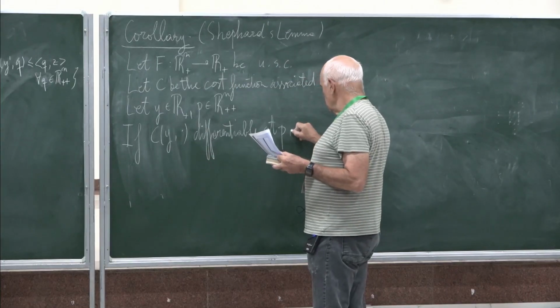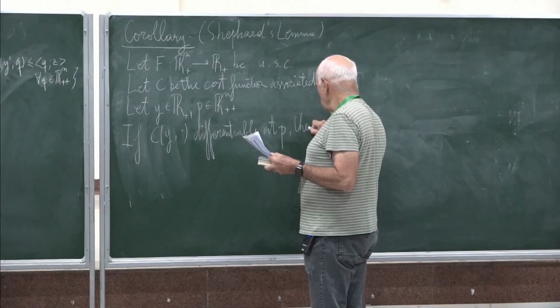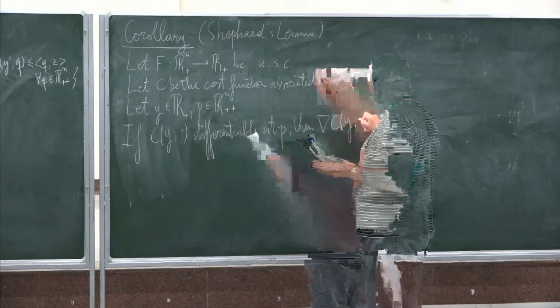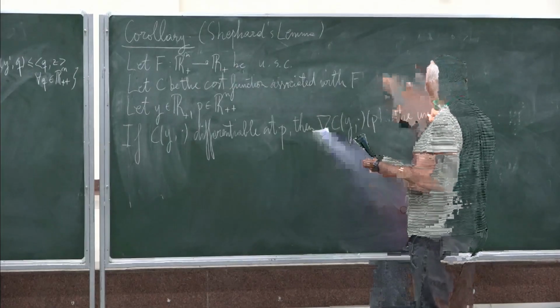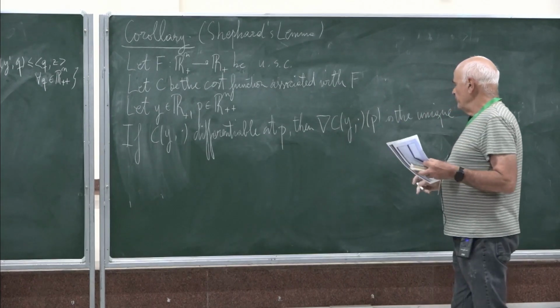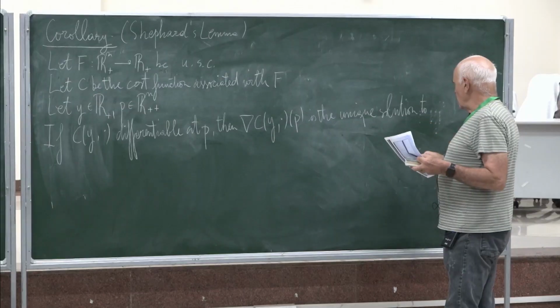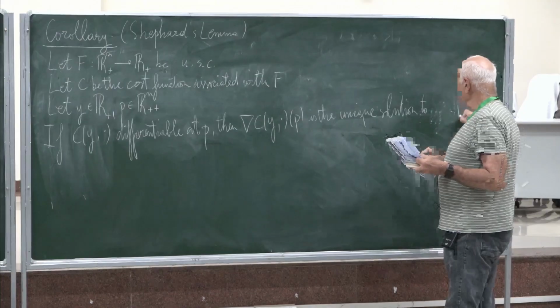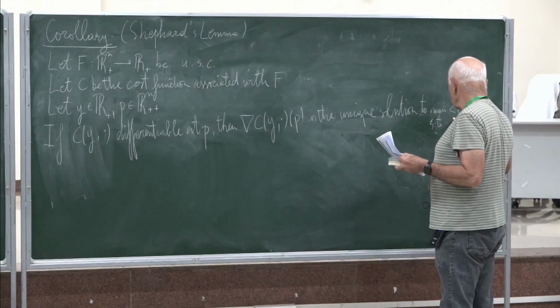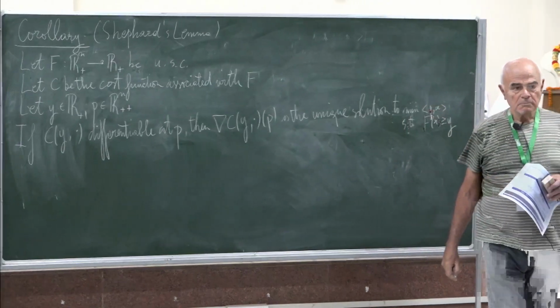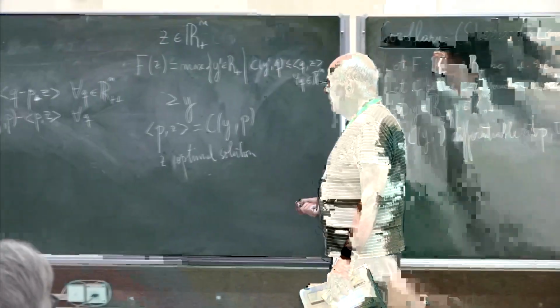Then the gradient of this function at p is the unique optimal solution to the cost minimization problem. The argument takes a single line.